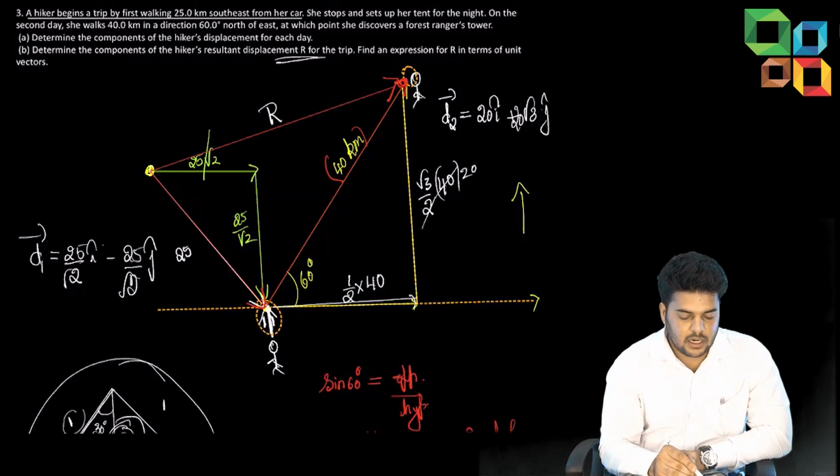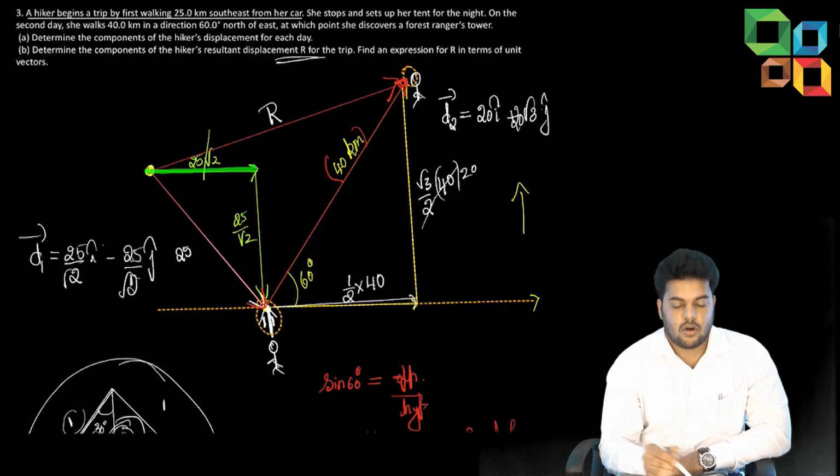You can see we started over here. The hiker started there. On day one, she walked this much along the east direction, isn't it? On day two, she started over here and walked this much towards the east, right?